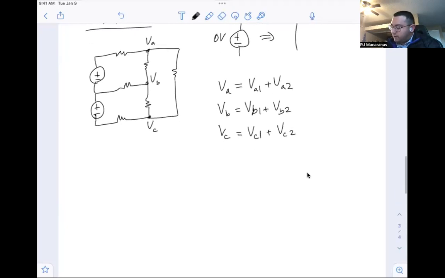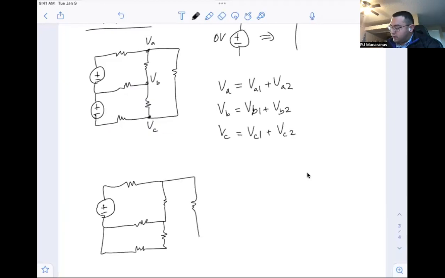So what we end up having, right, we analyze first due to the top, so we short out the other one, and we've got our VA1, VB1, VC1, and then we look at the responses due to just the bottom source.